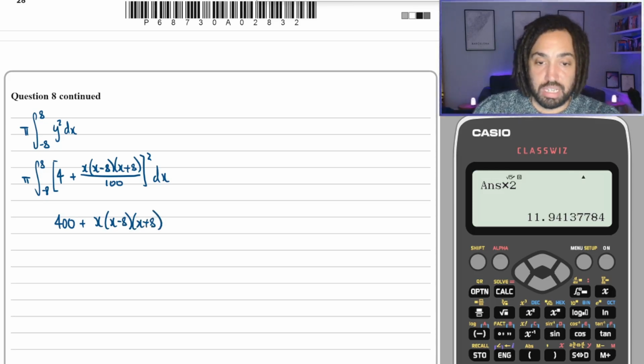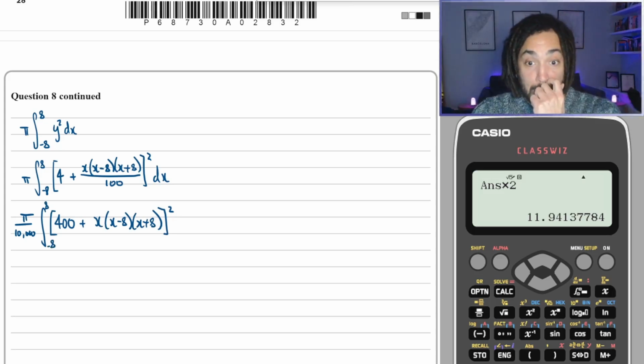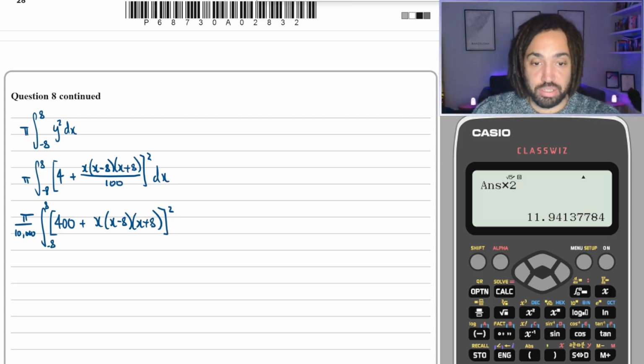And in doing so, that's just cleared that fraction, but I'm going to have to divide outside the bracket by 100 squared, which is 10,000. Okay, that's good, so that's going to be more helpful. And now I need to expand this. So let's just do this over here, just to save some space.